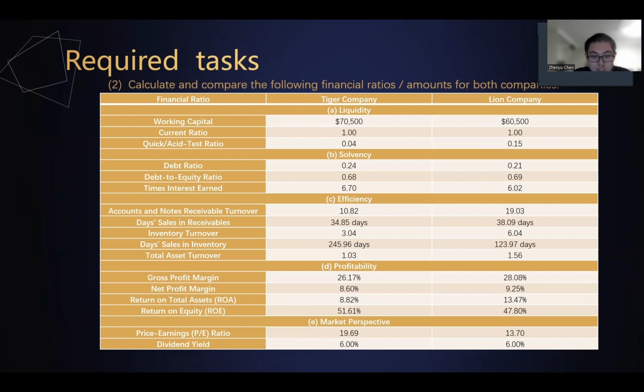In terms of times interest earned, both companies have a similar ability to cover their interest expenses efficiently. Loin Company outperforms Tiger Company in terms of asset and notes receivable turnover. The higher receivable turnover and inventory turnover indicate that Loin Company is more efficient in managing its receivables and inventory.